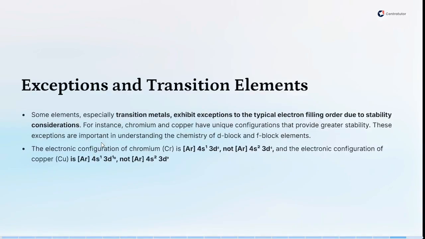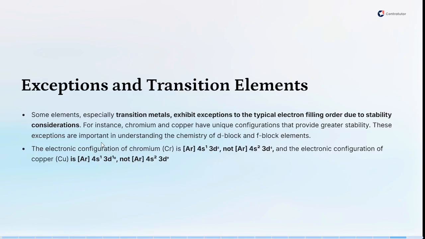So let's go on to some of the exceptions that violate this arrangement of electrons in electronic configuration. Some elements, especially transition metals, are a bit of an exception to the typical electron filling. According to Hund's rule, the Aufbau principle, and the rest, electrons are supposed to fill from lowest to highest, but some groups of elements make an exception to these rules, and these elements are called the transition metals.